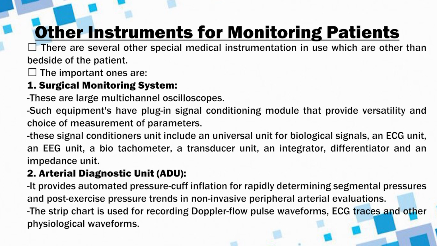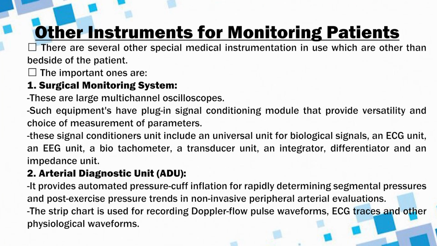Second one is arterial diagnostic unit, in short we call ADU. It provides automated pressure cuff inflation for rapidly determining segmental pressures and post exercise pressure trends in non-invasive peripheral arterial evaluations.